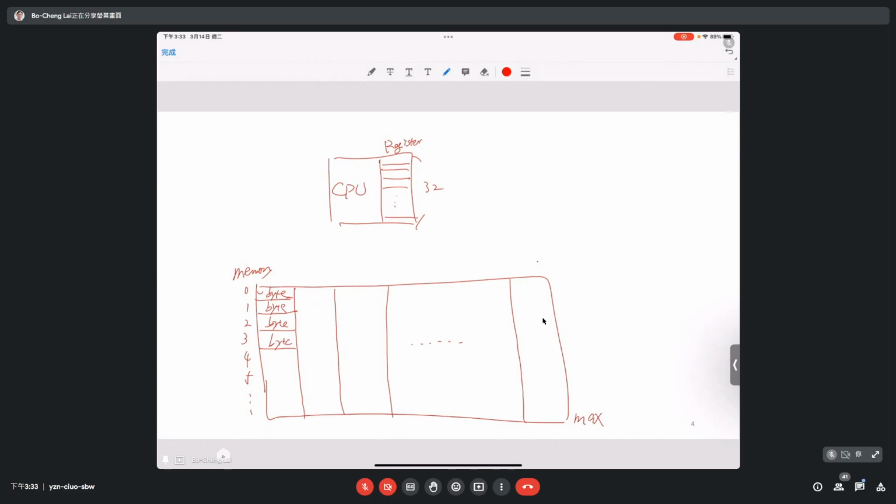It has 64 bits. 在 RISC-V 里面是64个 bits. From here to here, that's 64 bits. You can store whatever data you want in there. Of course, you can store address in it.